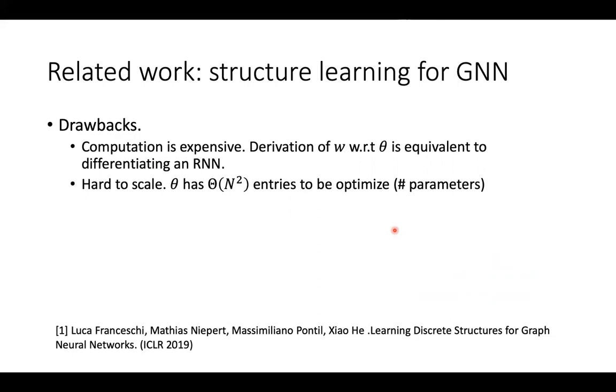But for the graph structure learning part, we assume that theta is an n by n matrix, and all these n by n entries are free variables that we need to optimize over. So when the number of nodes gets larger, we have n squared entries to optimize, which may be hard to scale to large graphs.